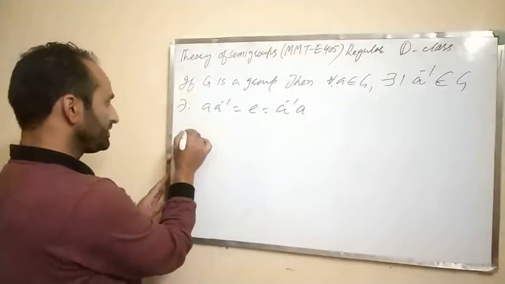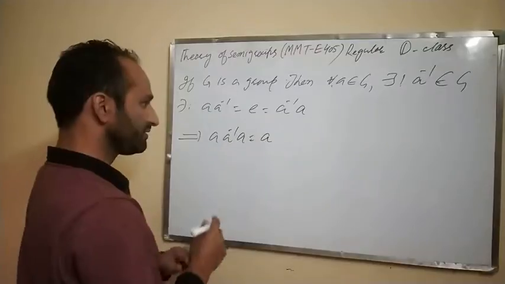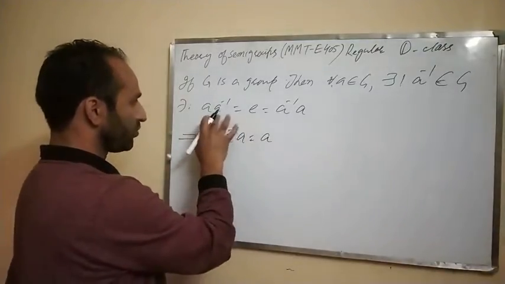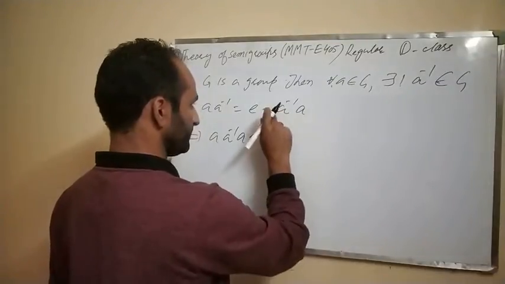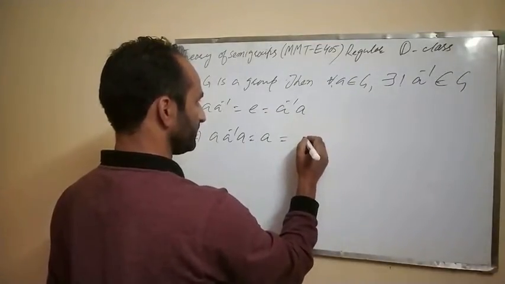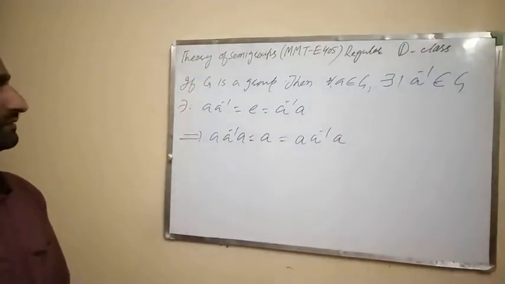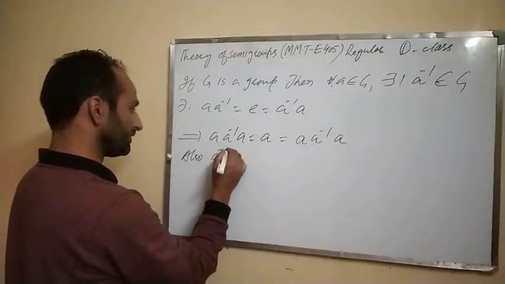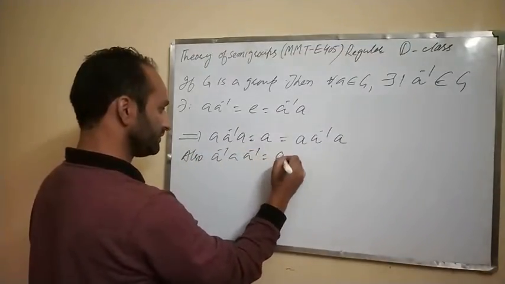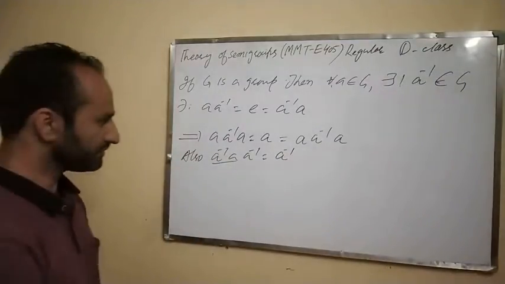So it also means that A A inverse A is equal to A. If I am multiplying throughout by A, it is equal to A inverse A. And also A inverse A A inverse is equal to A inverse, because A into A inverse into A is the identity.